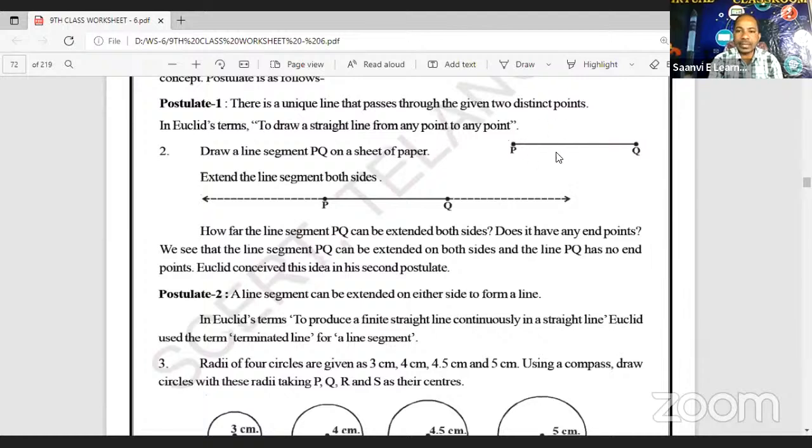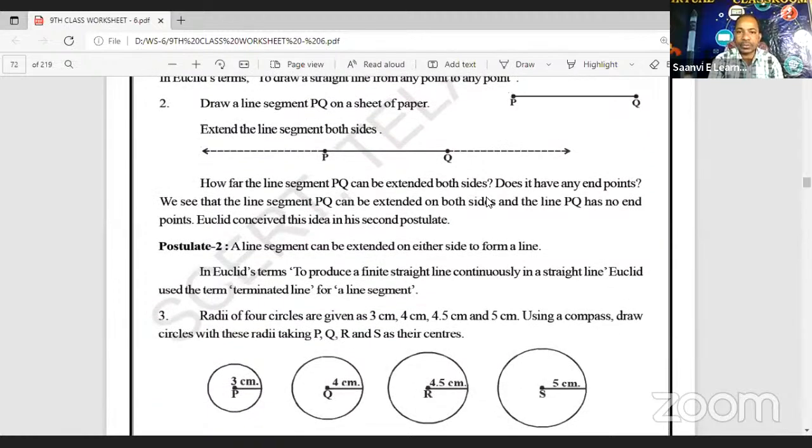To form a line PQ, we can extend this line segment on both sides. See here, from the Q side the line segment has extended, and on the P side also the line segment has extended. It means a line segment can extend on both sides to form a line.